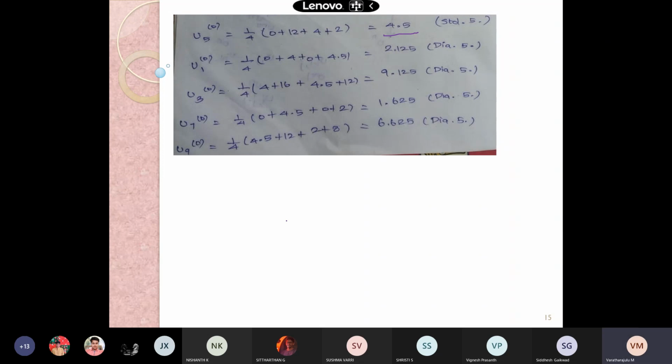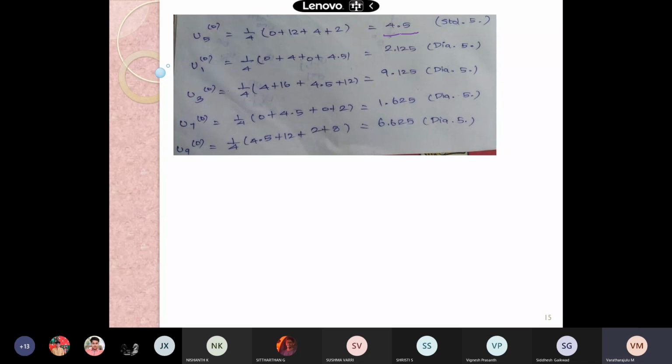You begin with 0.25, open bracket, recall A plus recall B plus recall C plus recall D, close bracket, give CALC. And then A is 0, B is 12, C is 4, and D is 2.